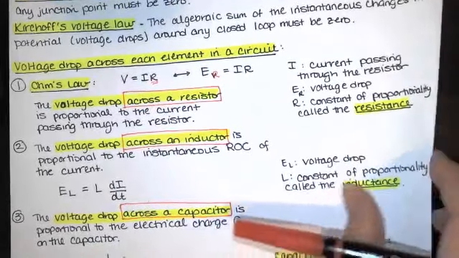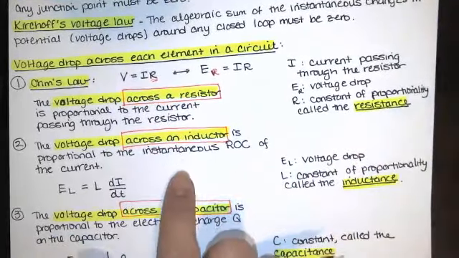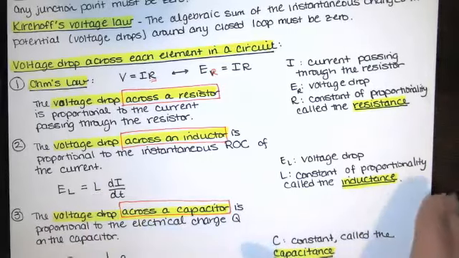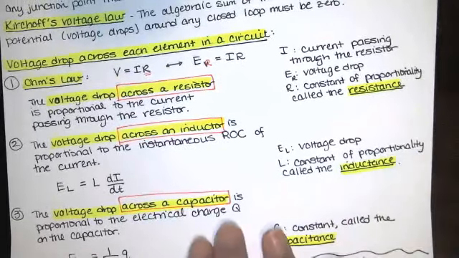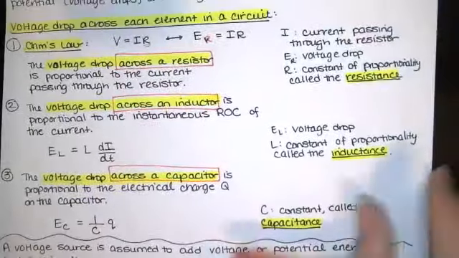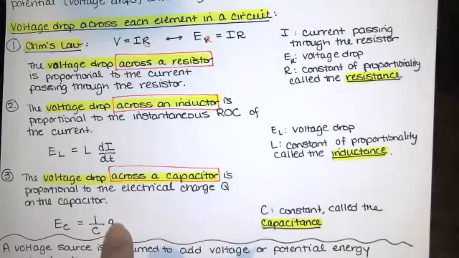Now, the constant of proportionality for the inductor is given by this capital L, and that is called the inductance of the inductor. The voltage drop across a capacitor is proportional to electric charge Q of the capacitor, and it's equal to this constant times Q.